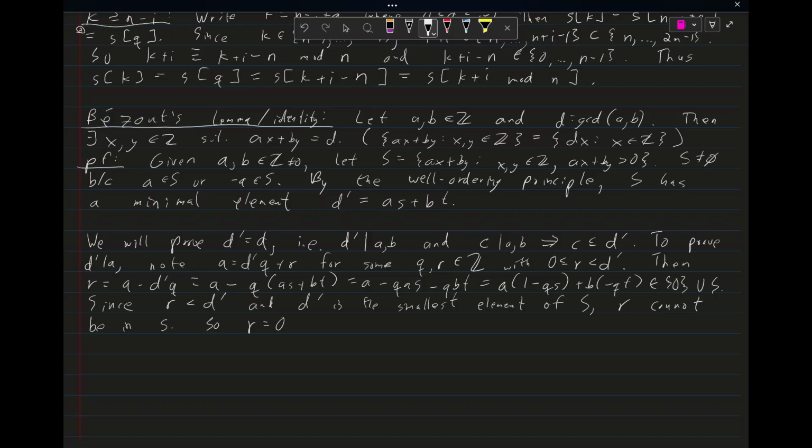So R equals 0. So A equals D prime times Q. So D prime divides A because the divisor is Q. You multiply D prime by Q and you get A. Okay, so D prime divides A.